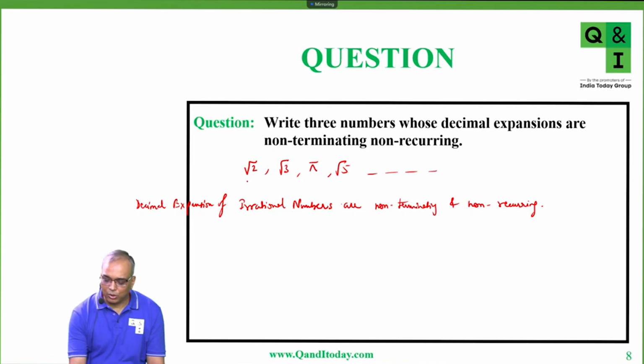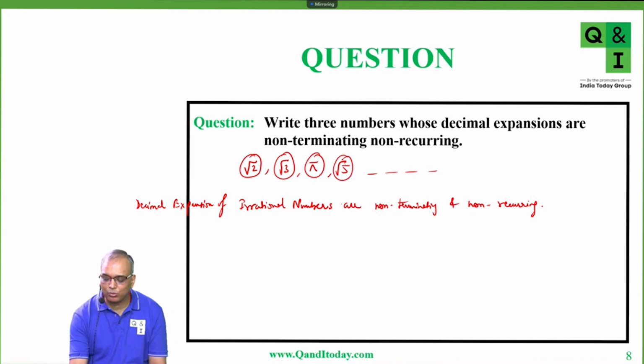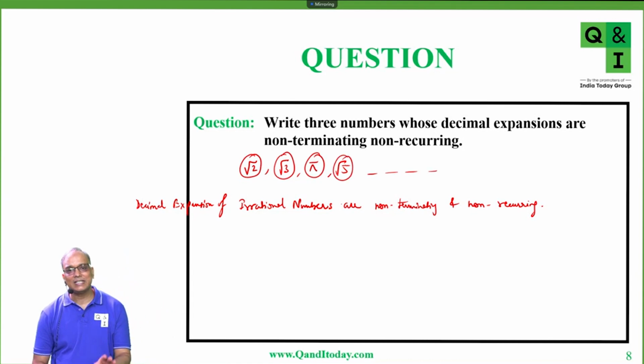Okay. So root 2 is an irrational number, root 3 is an irrational number, pi is an irrational number, root 5 is an irrational number. So these are examples of 3 numbers whose decimal expansion are non-terminating and non-recurring.